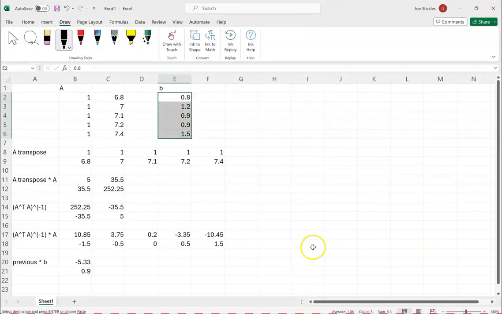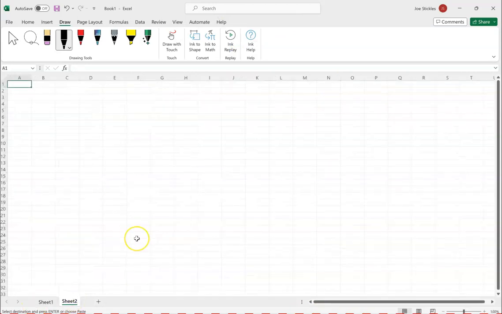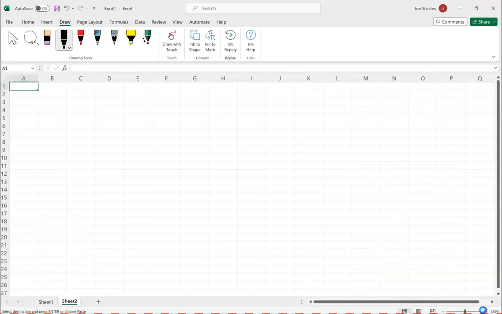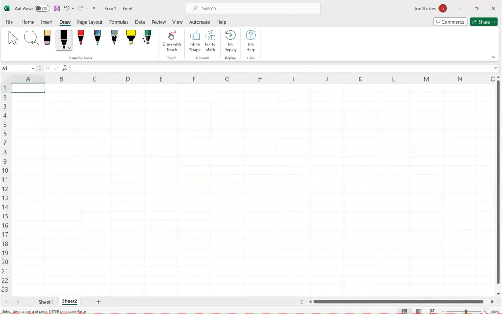So just to do another example here, let me just open up a new sheet. Let's say that instead of doing a linear model, I wanted to do a quadratic model. So in that case, if I write on the board here real quickly, what I mean is that you're trying to do something like a plus bx plus cx squared.